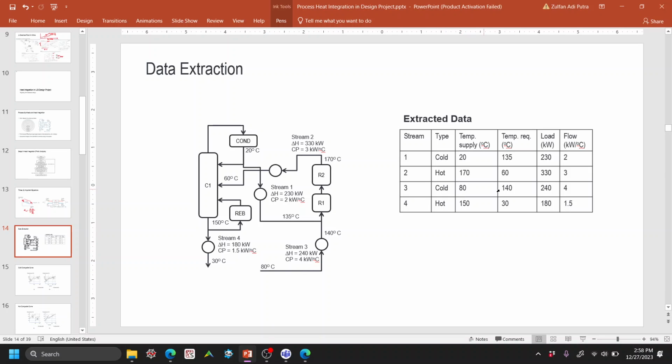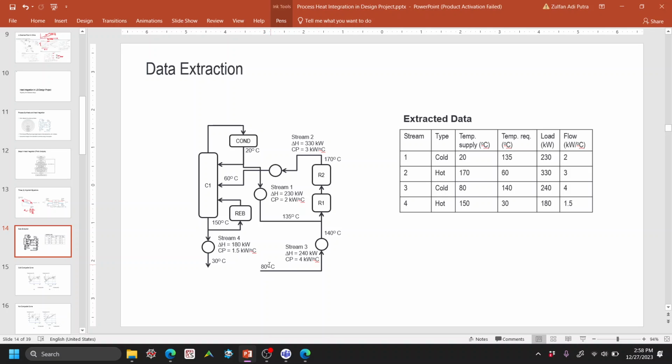And then we know from the mass balance the CP is 4 kilowatt per degree C. So it's 4 over here, and then the delta enthalpy is 240.